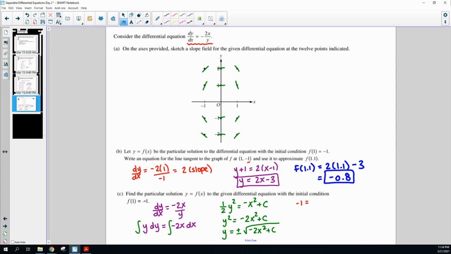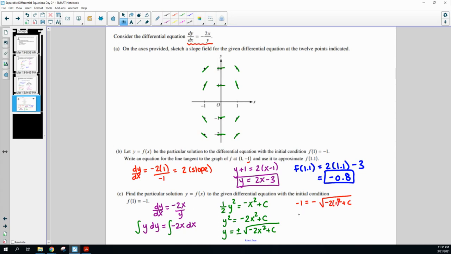The point (1, -1) is in the fourth quadrant, meaning that our square root would have to be negative there. So we're going to use the negative version of the square root of -2x squared plus c. And now, sorry, 1 for x, so we would have 1 squared.